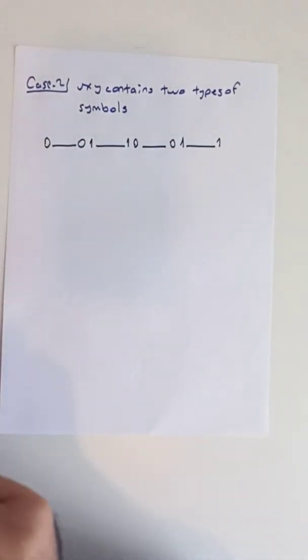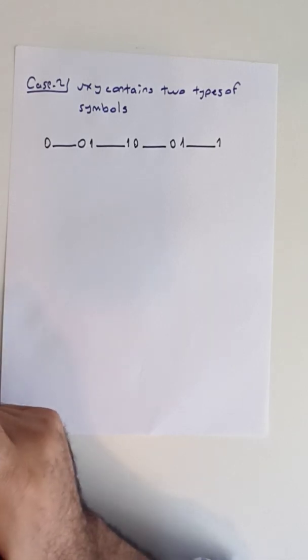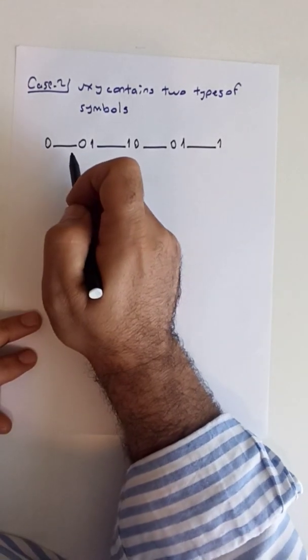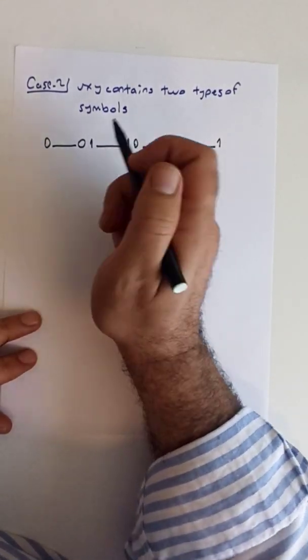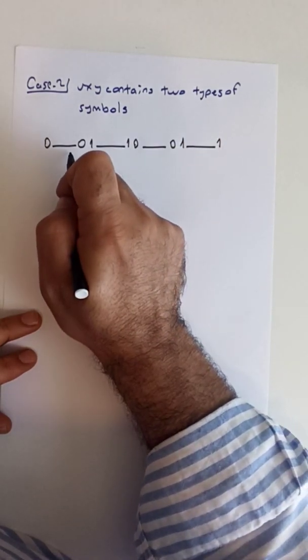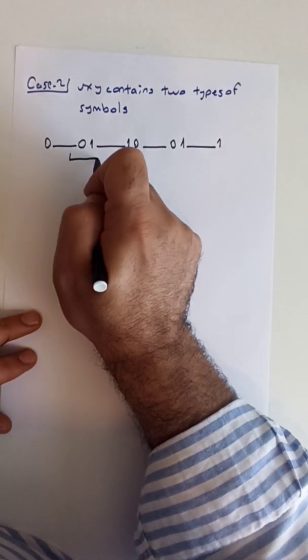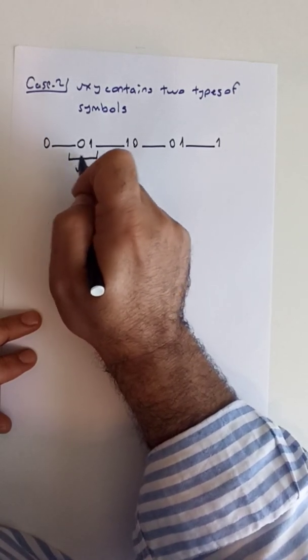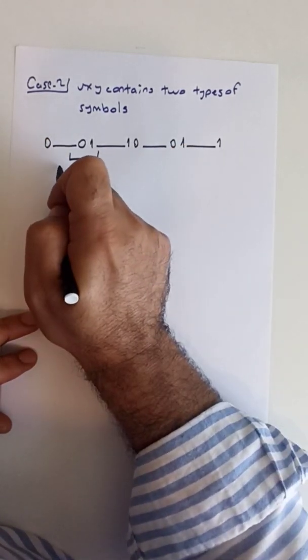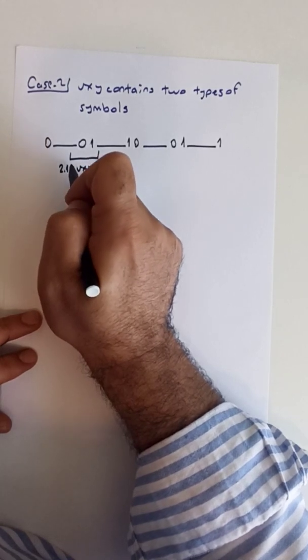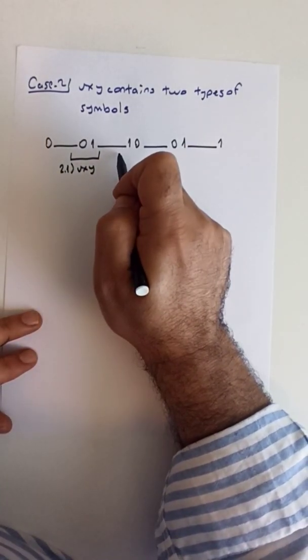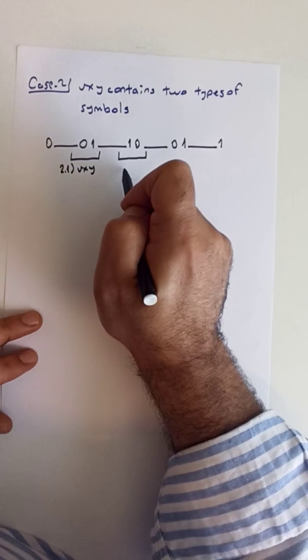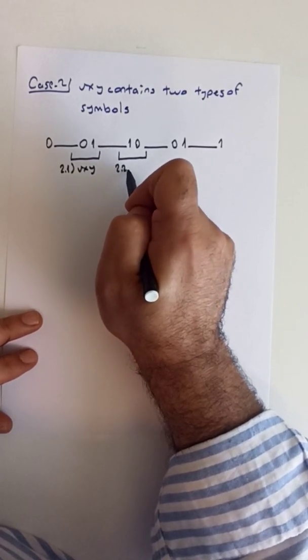This case says that vxy contains two types of symbols, meaning that vxy can be somewhere here. Let's call this case 2.1. And vxy may belong to somewhere in this range. This is 2.2.